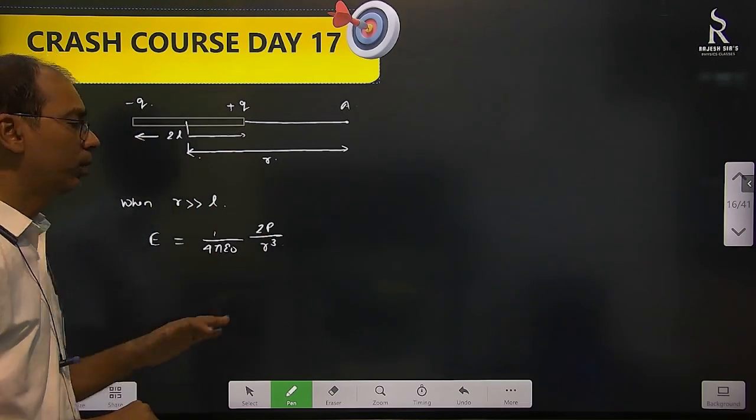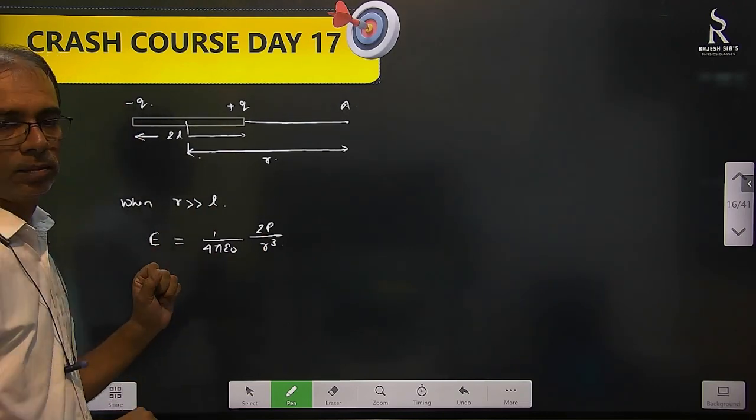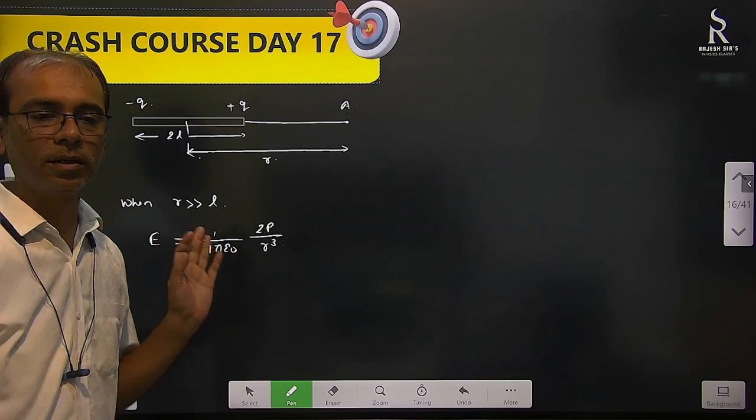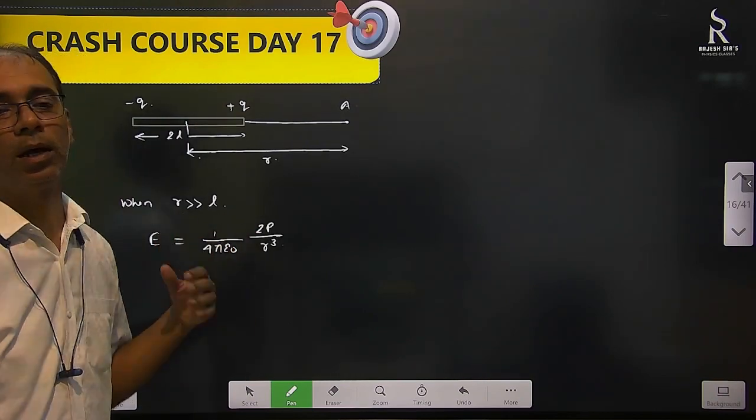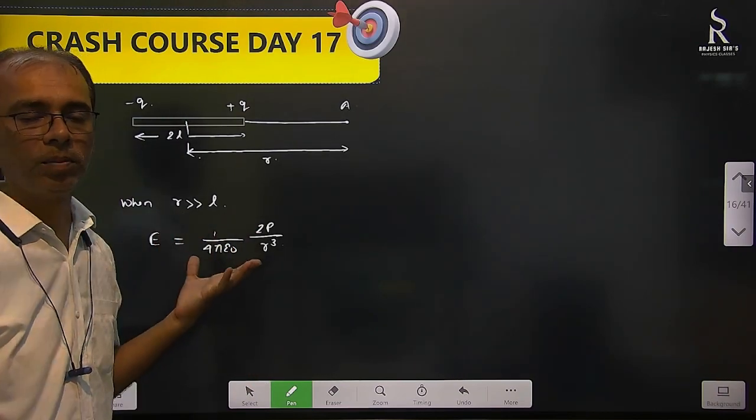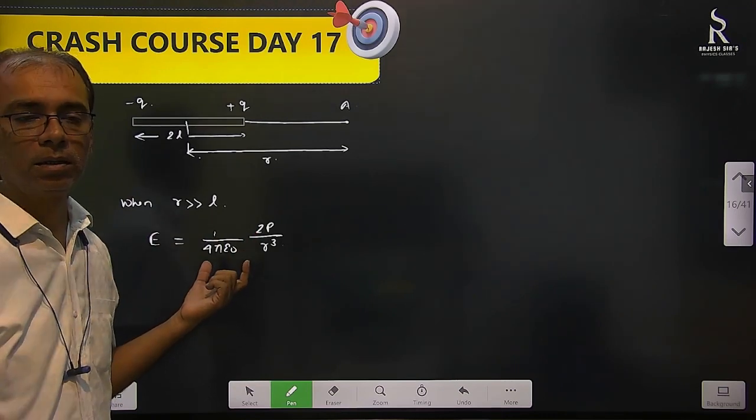We try to apply this everywhere without knowing whether R is much greater than L or comparable to L. Every time we apply this and we do it wrong.